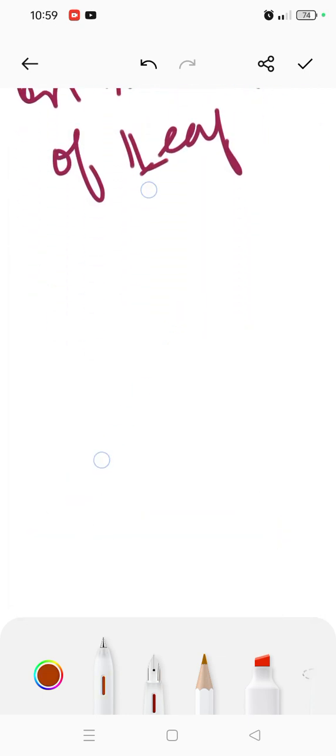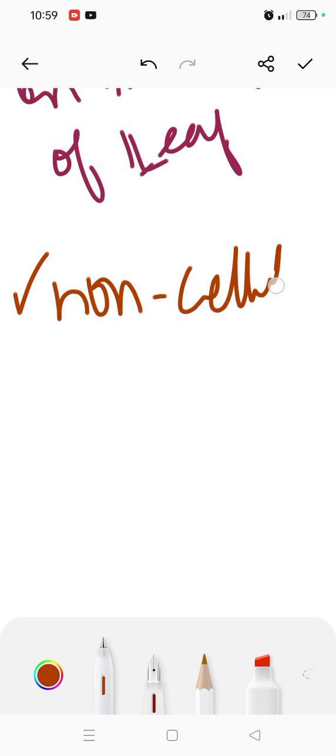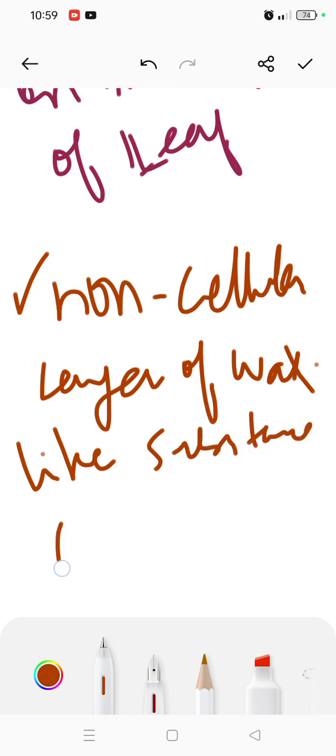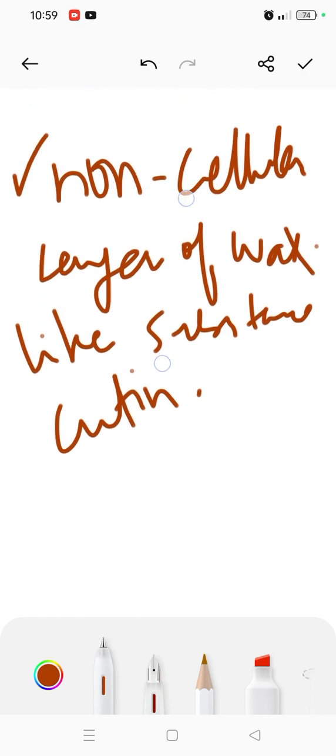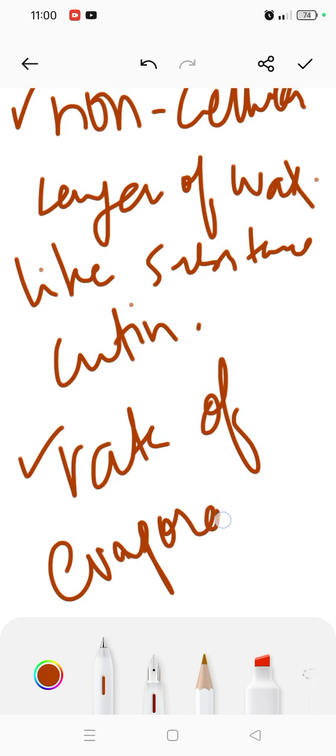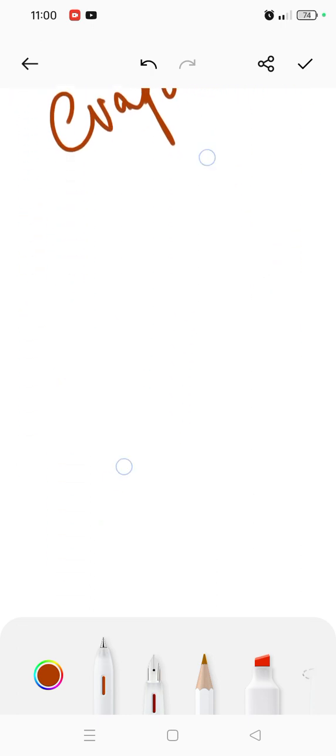They have an outer, uppermost layer, which is the cuticle, a non-cellular layer of wax-like substance called cutin. Cutin is very efficient in reducing the rate of evaporation. So I'm sure it's clear to you.